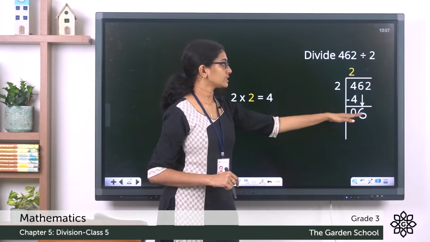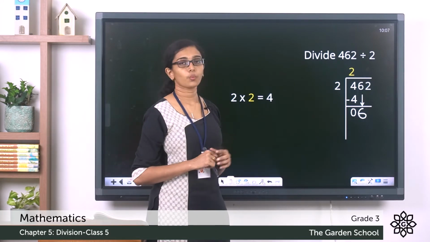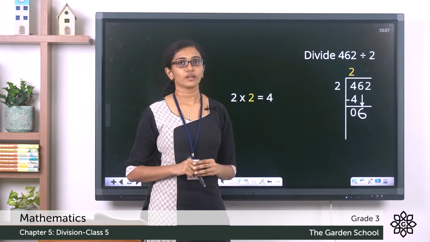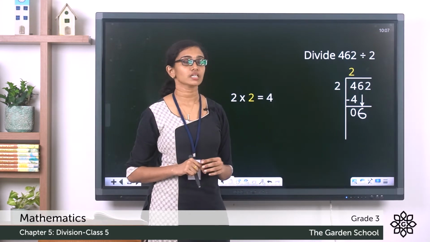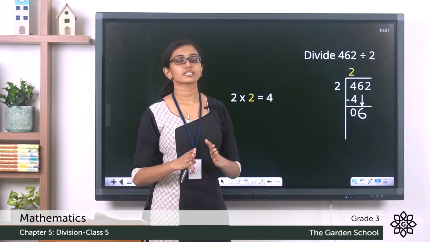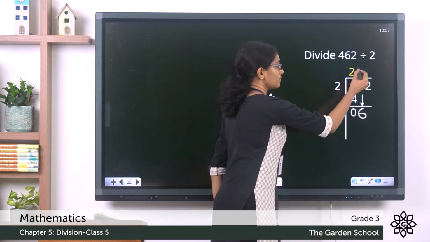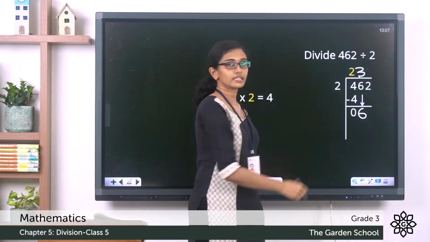So, to divide this 6 by this 2, let's recite the table of 2. 2 ones are 2, 2 twos are 4, 2 threes are 6, but 2 fours are 8. So, we need only 2 threes are 6. So, let's write that 3 at the top where you are supposed to write the quotient.